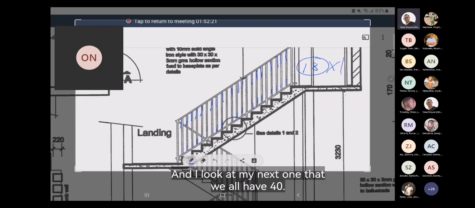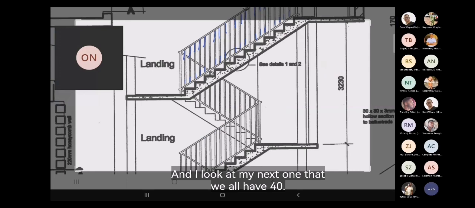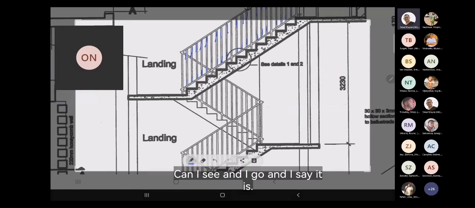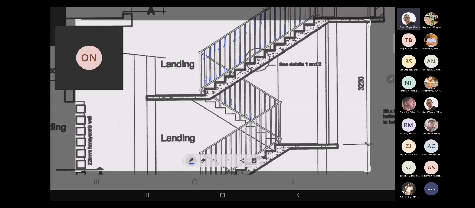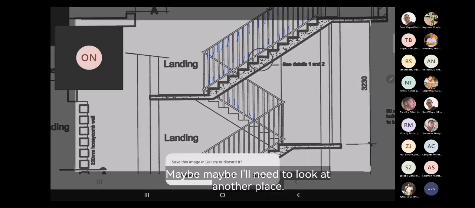Right? And I look at my next one that I'll have 4 of. And I go and I say it is 1, 2, 3, 4, 5, 6, 7, 8. No, I can't see where they are. Maybe I'll need to look at another place.